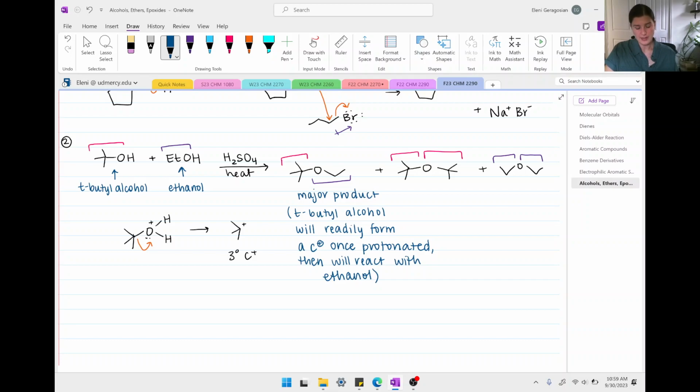So although there's three possible products, forming that carbocation on tert-butyl alcohol or tert-butanol will form quickly, and then it will react with the ethanol and form this major product, which is ethyl tert-butyl ether.